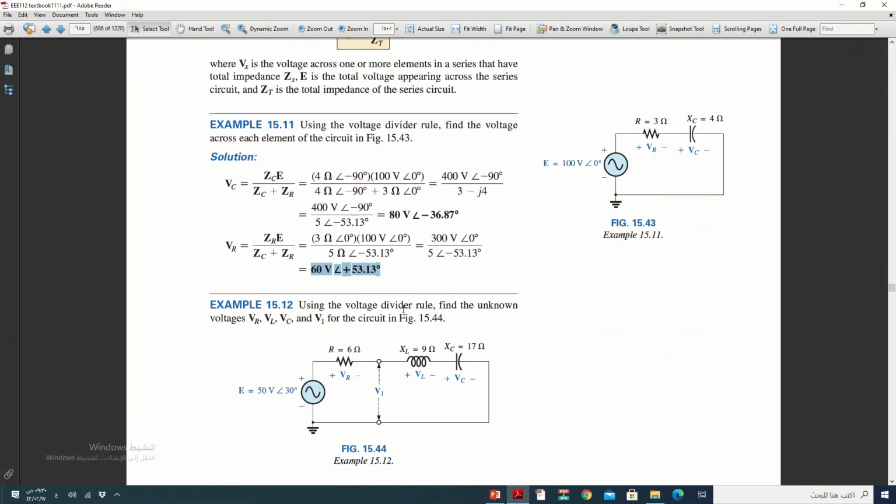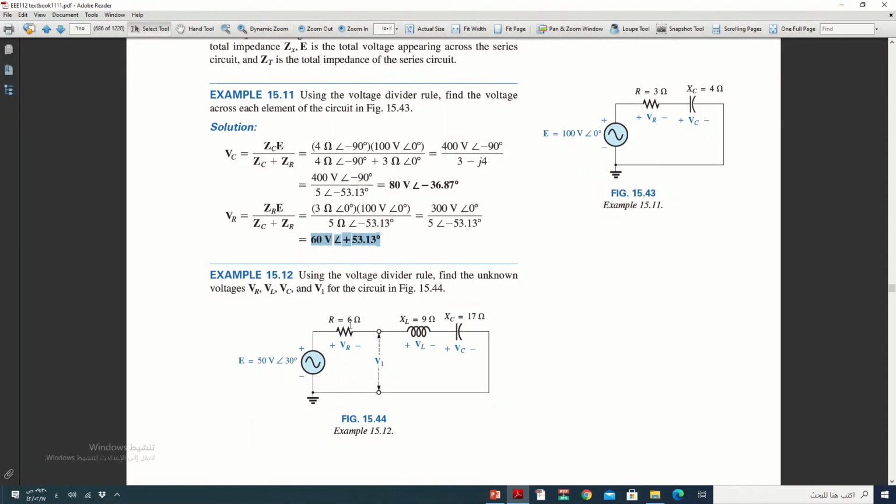Now, using the voltage divider rule, find the unknown voltages VR, VL, VC, and V1 for the circuit in the figure. We need to find all these voltages, and then we need to find V1. V1, from circuit 1, we know that after dropping the voltage in the first element, the remaining will be VL plus VC.